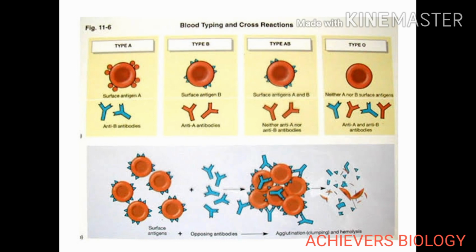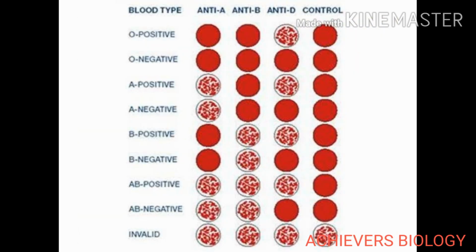Group B has anti-A antibody in the serum, having B antigen on the red cell surface. Group O individuals have both anti-A and anti-B antibodies in the serum, with no antigen on the cell surface. Group AB individuals have neither anti-A nor anti-B, because their blood cells have both A and B antigens on the surface.